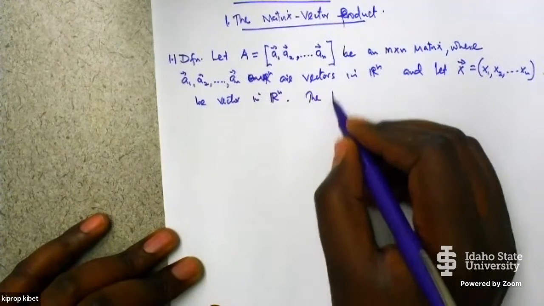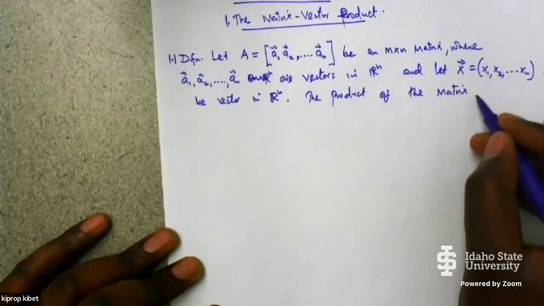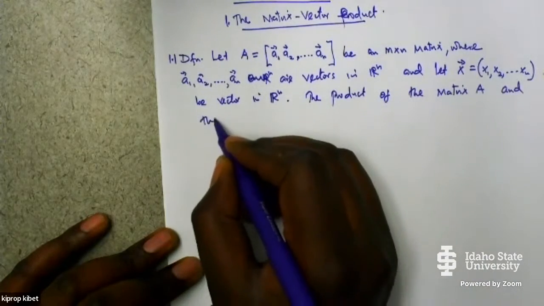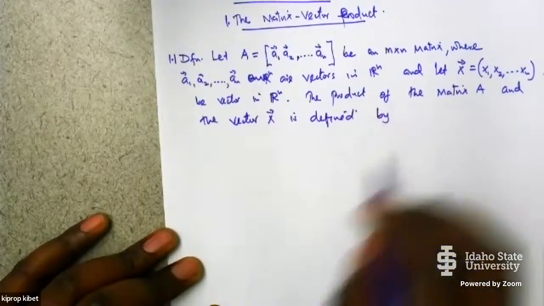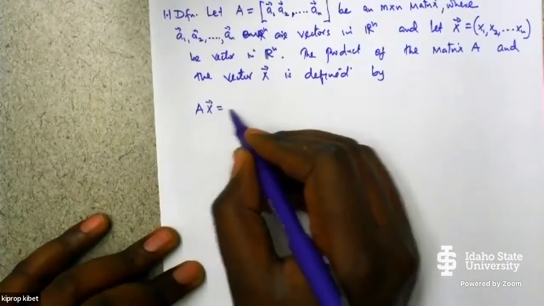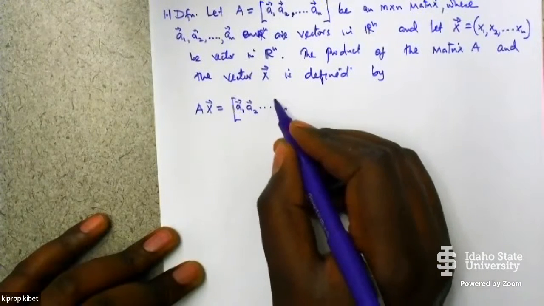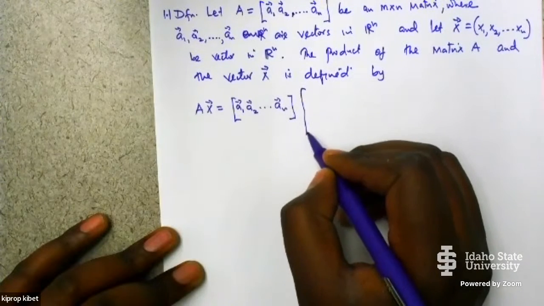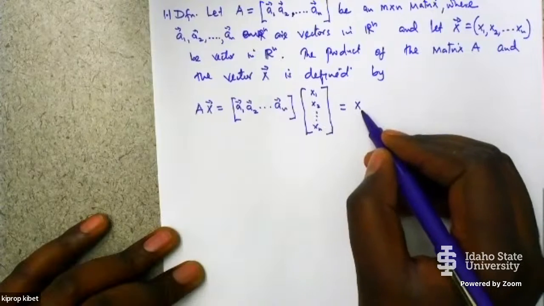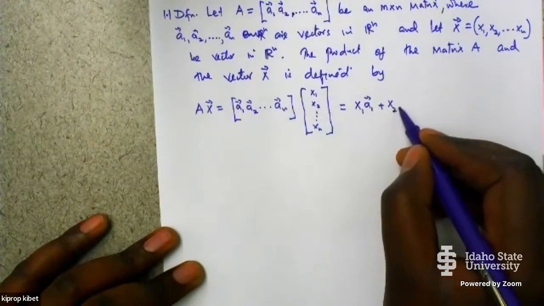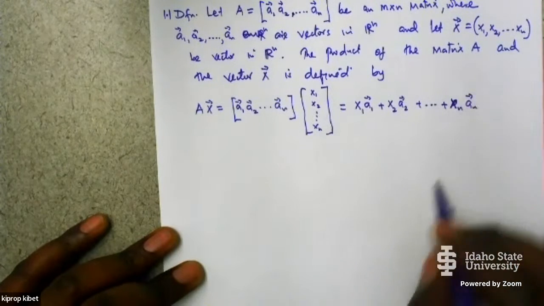The product of the matrix A and the vector x is defined by Ax, which is equal to [A1, A2, ..., An] multiplied by [x1, x2, ..., xn], which is the same as x1 A1 plus x2 A2 plus ... plus xn An.